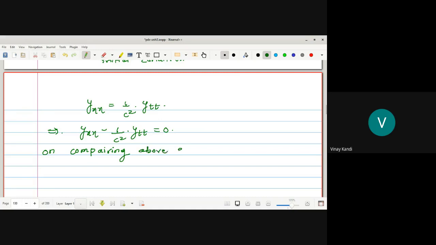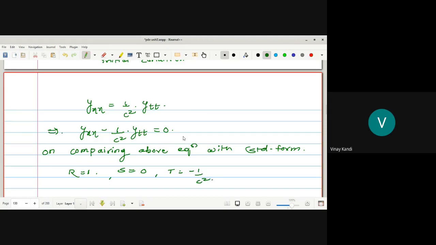Here y is the dependent and x and t are independent. What is the coefficient of yxx? It is 1. So r is 1, s is equal to 0, the coefficient of yxt is 0. And what is the value of t? Minus 1 upon c square.